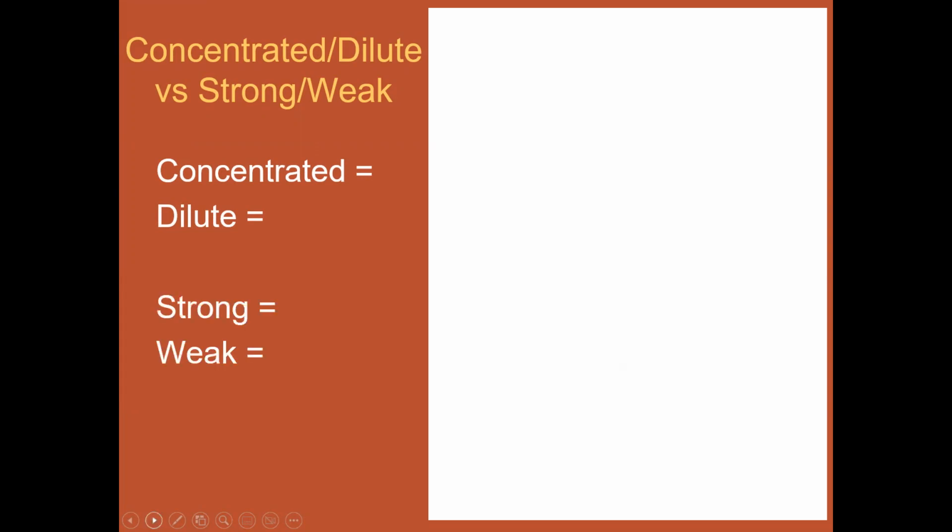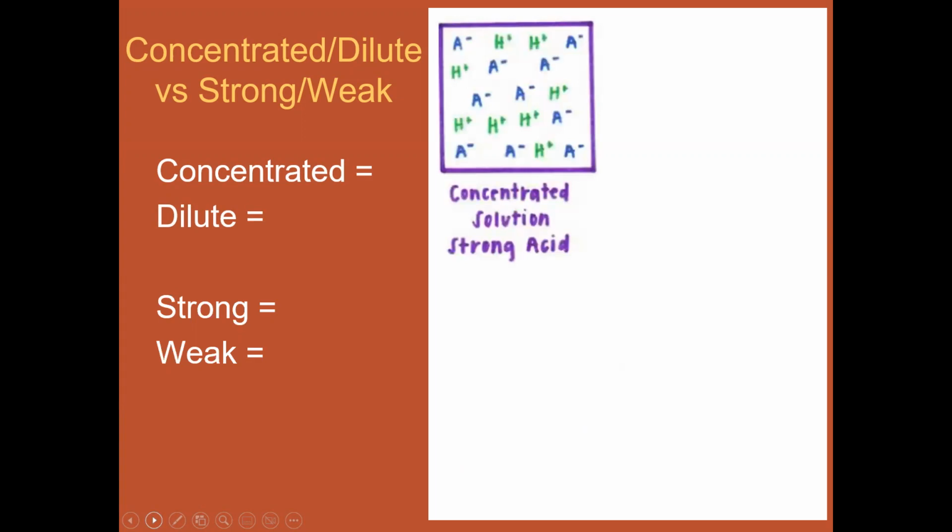Whereas whenever we're comparing strong and weak, we're looking at the amount of ionization. So strong acids and bases ionize completely. Weak acids and bases only ionize slightly. So if we want to look at this, here is depicted a concentrated solution. There are a lot of ions in that given space.